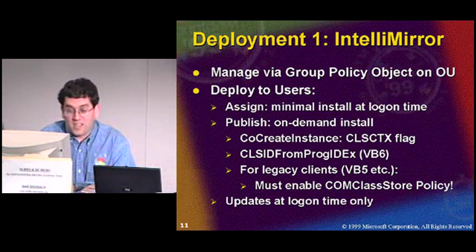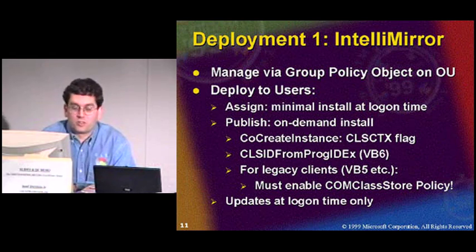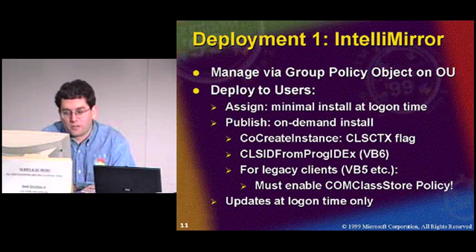Now, if this flag is not specified, in other words for existing legacy client applications, VB5 for example, but also Office and pretty much all these other COM applications in the world, these do not get automatic directory service download, and that has been done for several reasons. There are performance reasons, because applications rely on the behavior of CoCreateInstance failure.